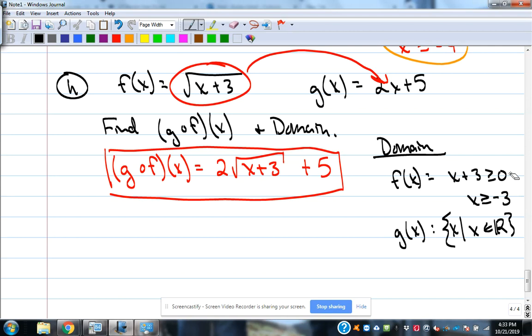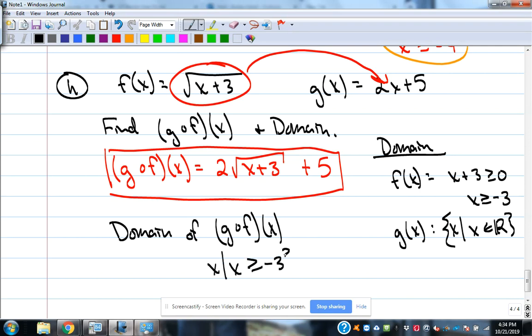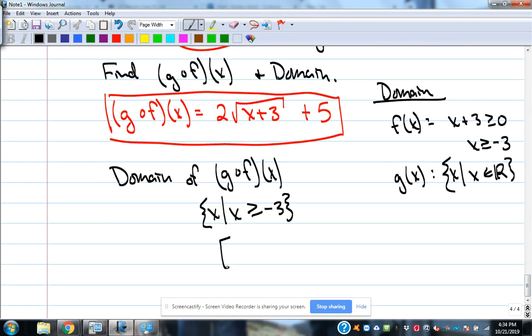So the domain of the composite function, g composed with f of x, is x is greater than or equal to negative 3. So all x's, as long as x is greater than or equal to negative 3. In interval notation, negative 3 to infinity.